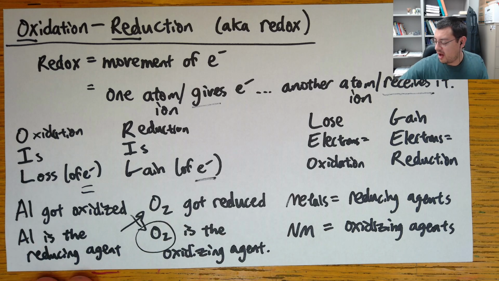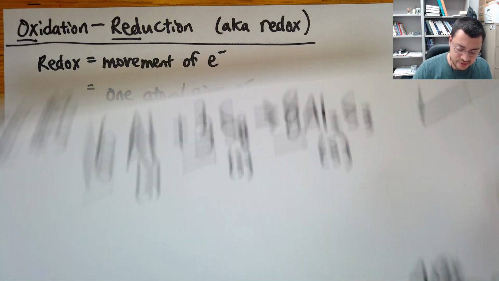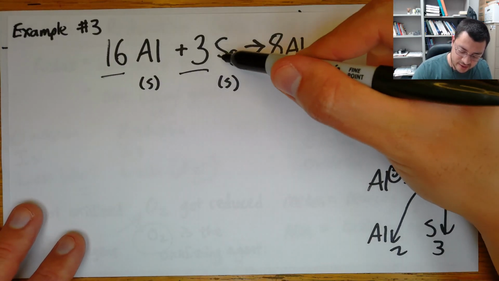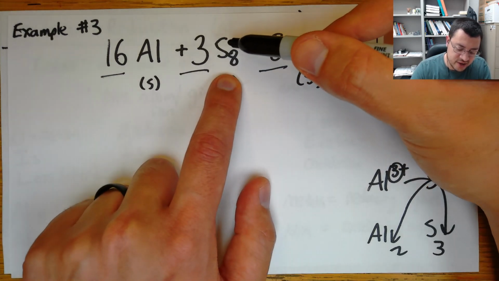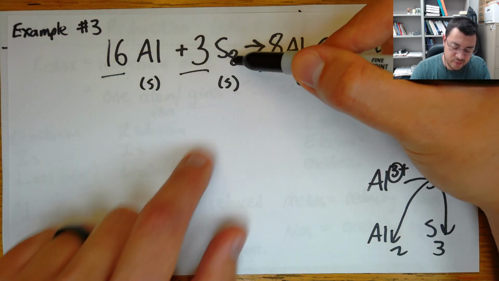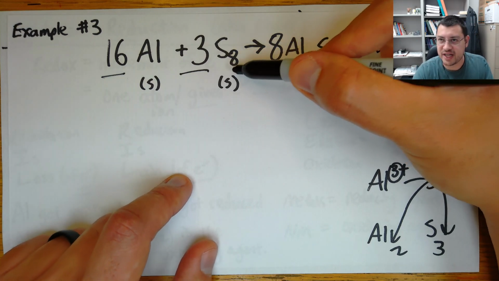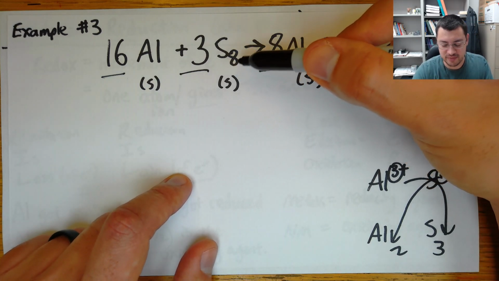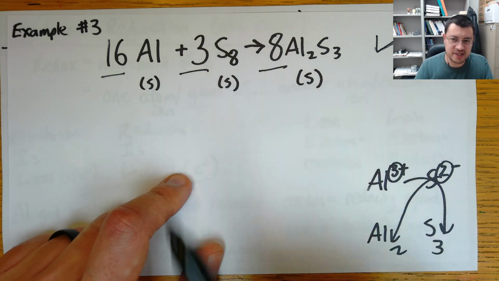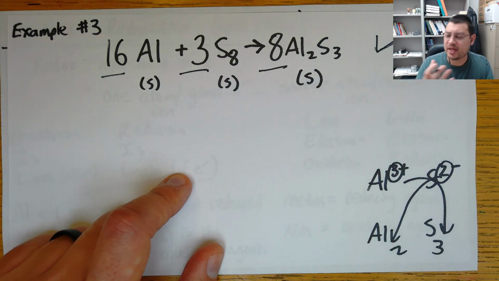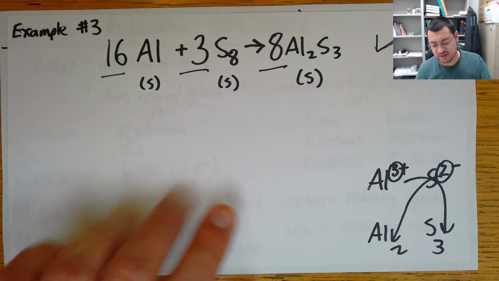But if I'm doing some other element, like earlier we had sulfur here, this sulfur is the oxidizing agent. It's stealing electrons from the aluminum, but we wouldn't call it sulfidation or sulfurization. It's still called oxidation. Oxidation is named after oxygen, but that term can apply for anything that steals electrons.